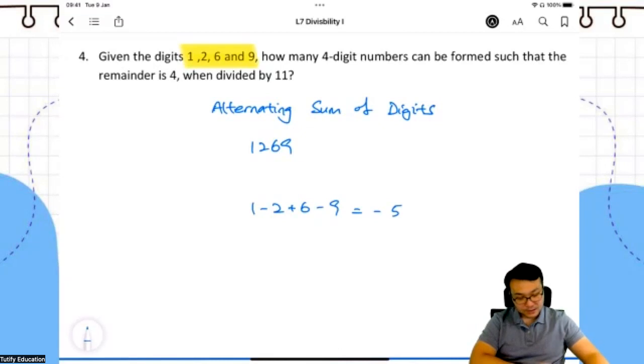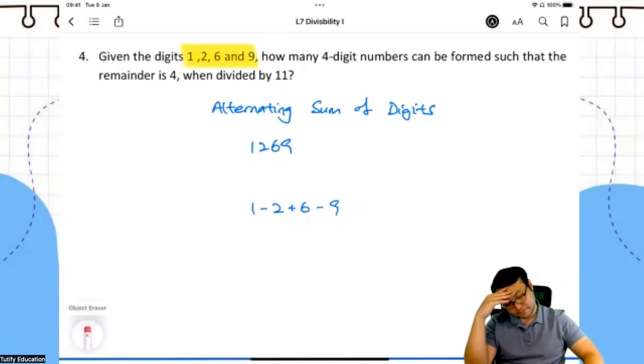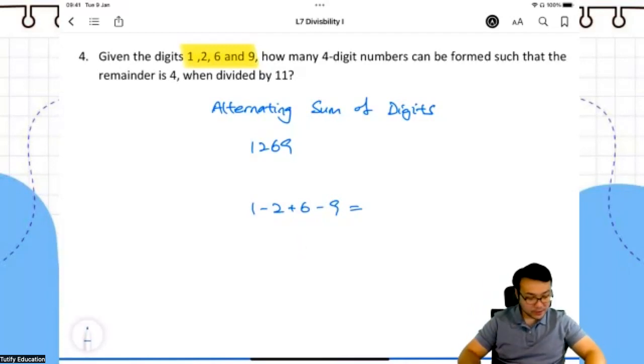No. Let's take it one by one. 1 minus 2.